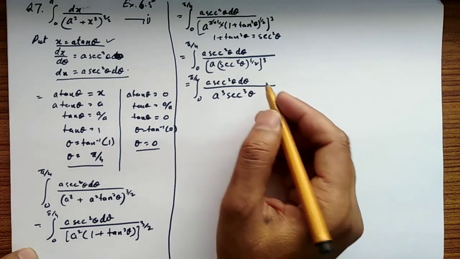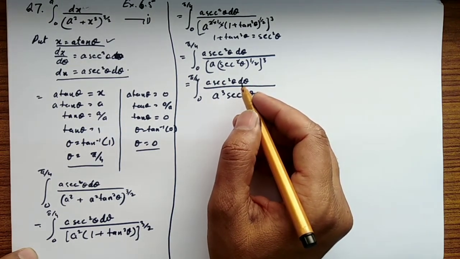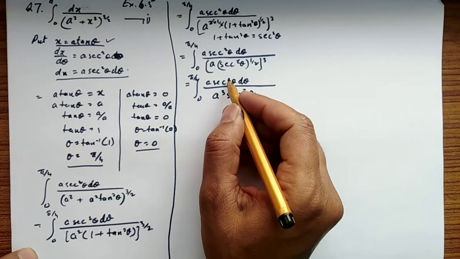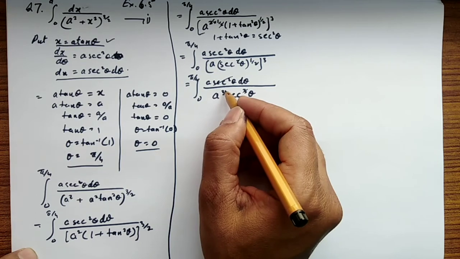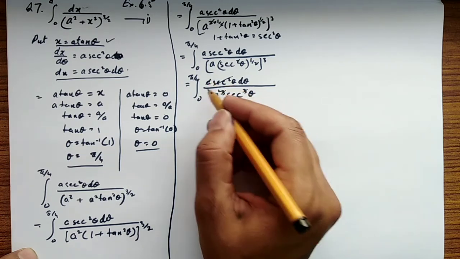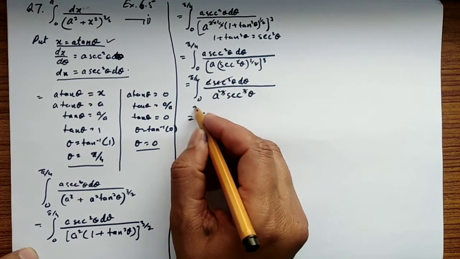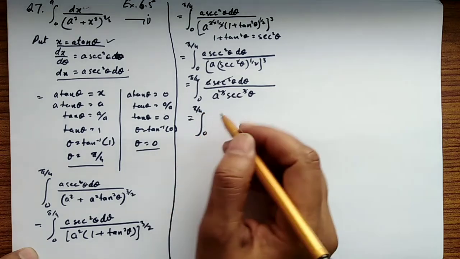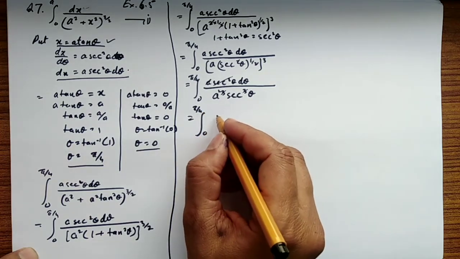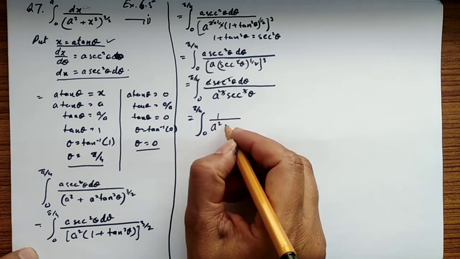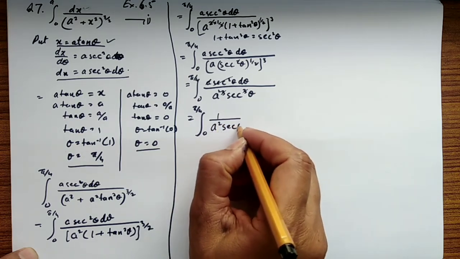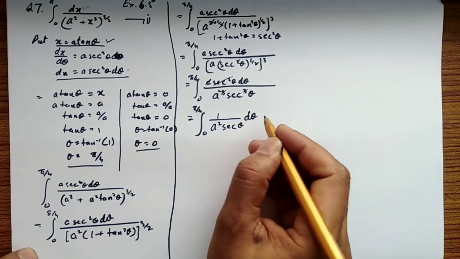So this is the condition now, and we can further simplify this sec square and sec cube. So we can write this as, now we have only 1 in the numerator, and in denominator we have a square sec theta d theta now.